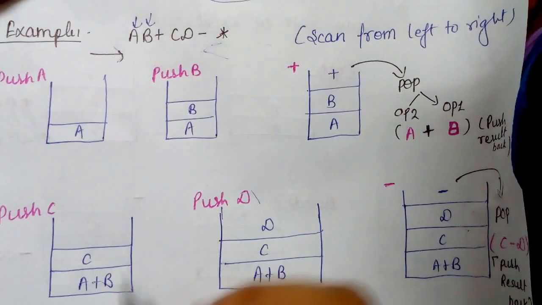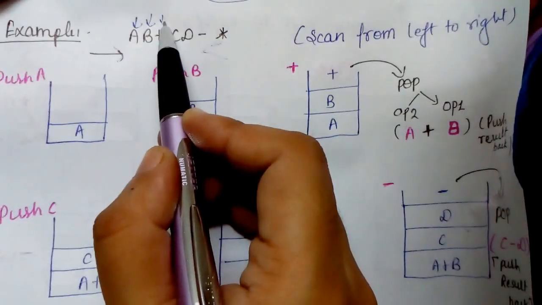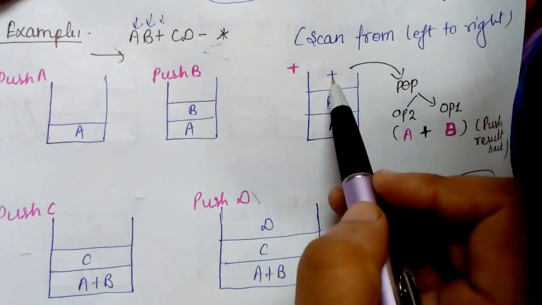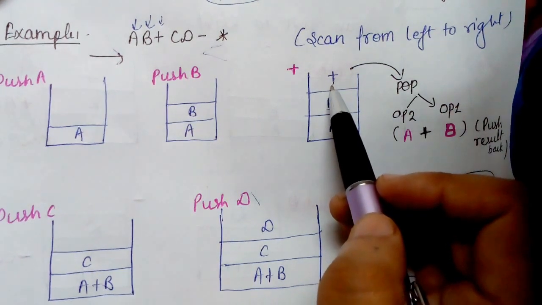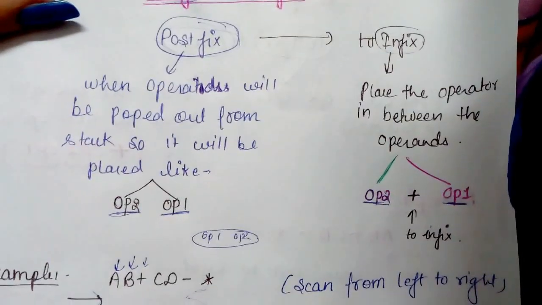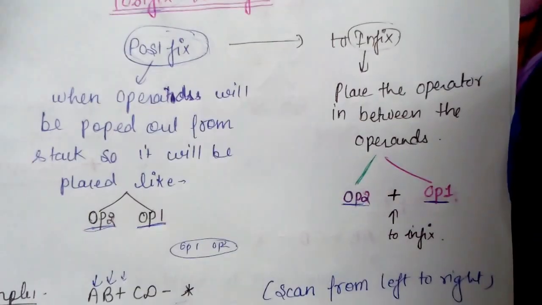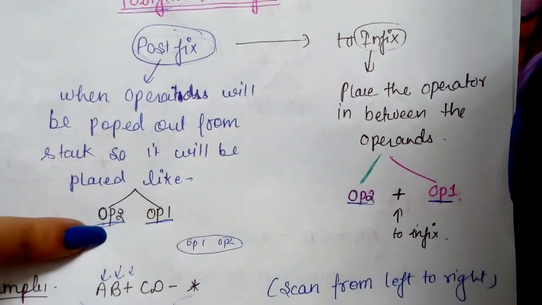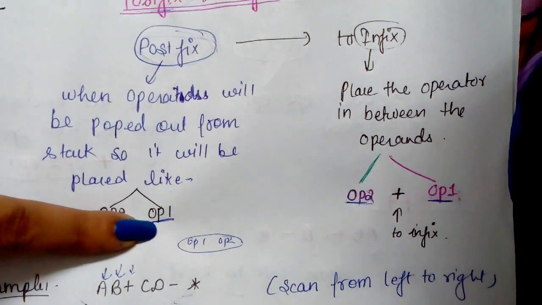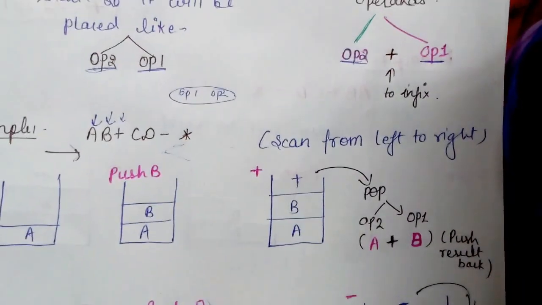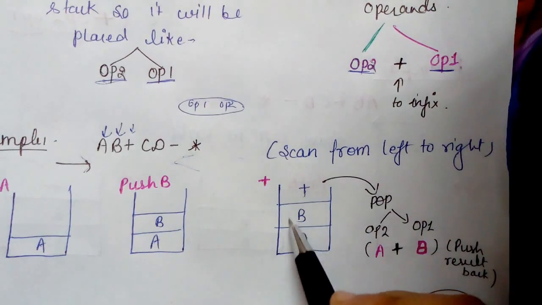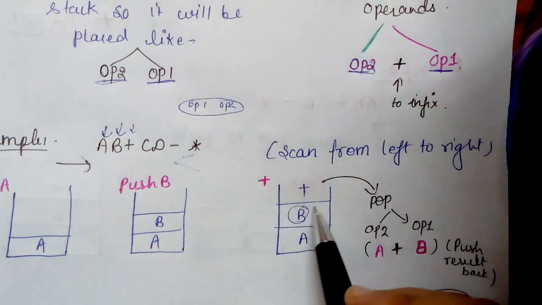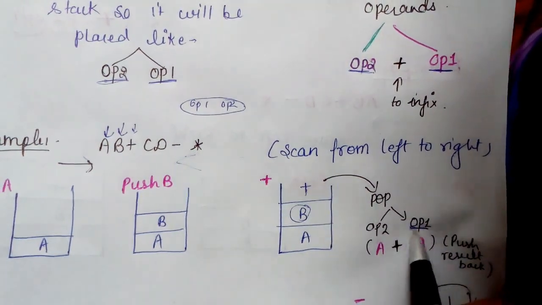After that plus will come. Plus is an operator, so when plus comes, we pop the top 2 symbols from the stack. As I have told you, we are converting from postfix to infix, so when we pop out, we write operand number 2 and operand number 1. The top of the stack is always operand number 1, so we place it here.